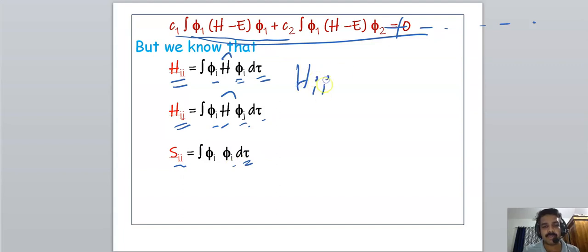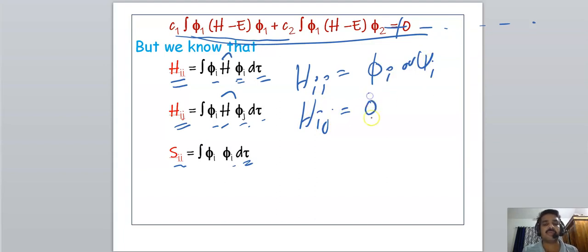Hii is the energy of the atomic orbital phi i or psi i, and Hij is the energy of interaction of phi i and phi j, or psi i and psi j.